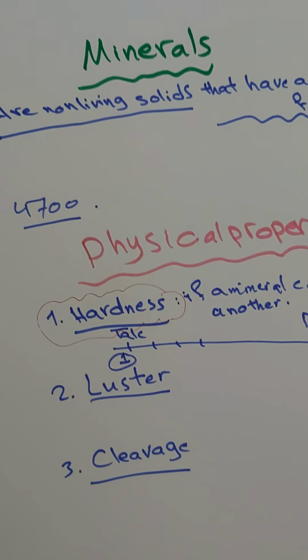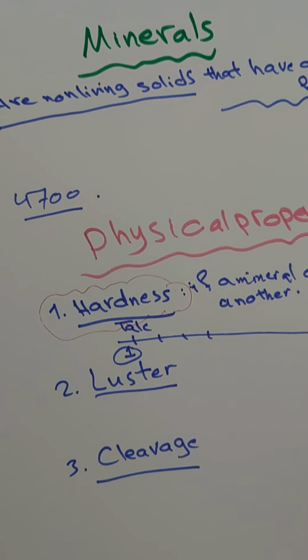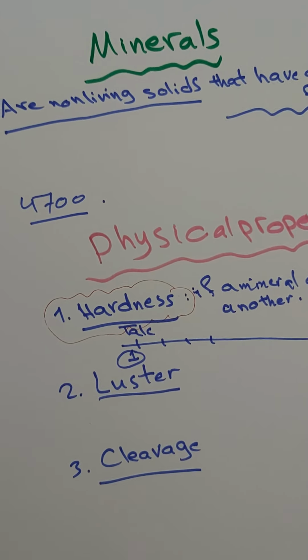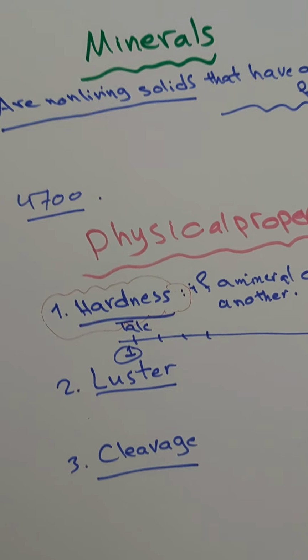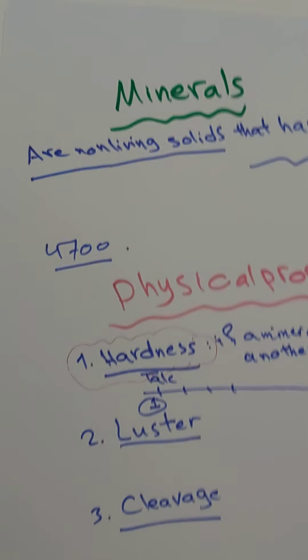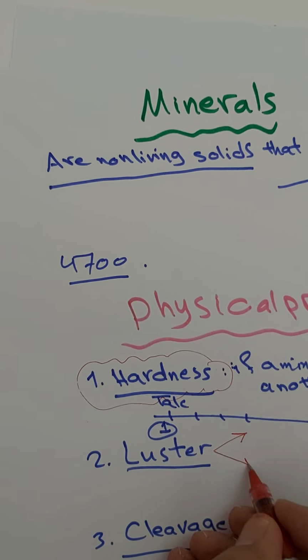Others, for example, like glass. And the third one, without any brightness, we call earthy. So, luster means what? The reflection of light, or the brightness of this element.